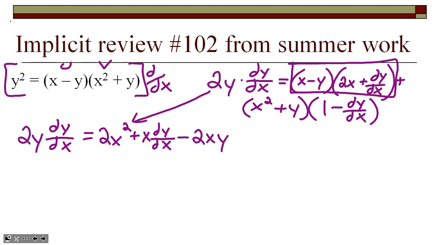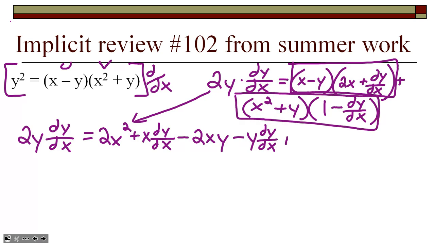I just like to keep everything in alphabetical order, it's just easier for me, minus y dy dx. And now we have to FOIL the other part, plus x squared minus x squared dy dx, plus y minus y dy dx.